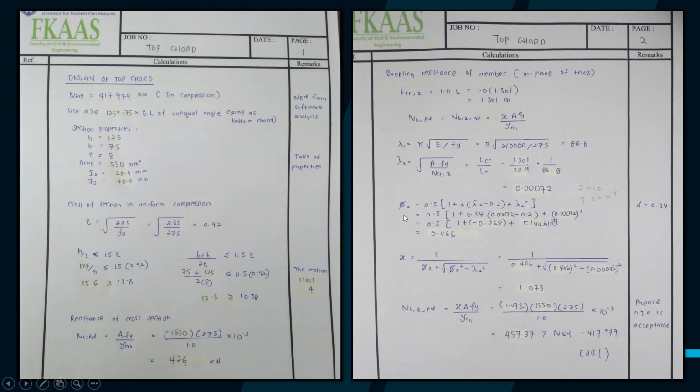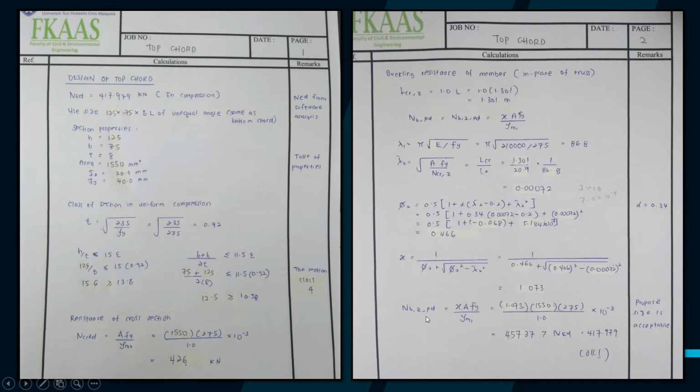So we use delta 0.34, we get 0.466. For the x, from our calculation, we can get 1.073.